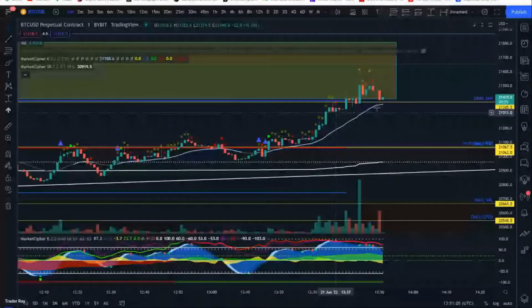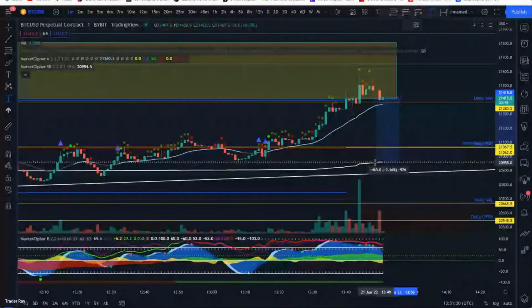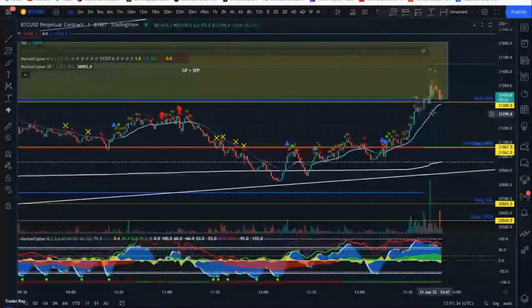VWAP still kind of low. So if we would break lower, I would be looking at the daily point of control. If we would break that, then the VWAP. So daily point of control is 1.6%. All right, let's see. Wall Street might not be done with the quote-unquote fake move before we're taking the actual move.